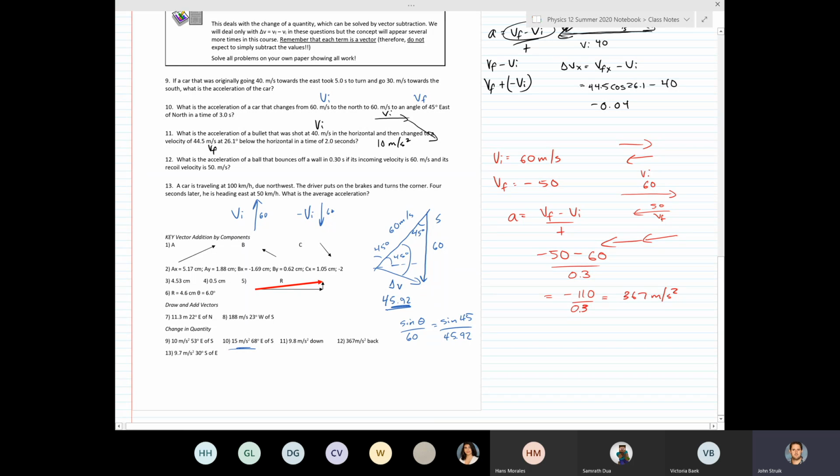So 60 sine 45 divided by 45.92, second sine that. And you get 68 degrees. So if that's 68 degrees, but the top part's 45, then 68 minus 45 is 23. So this is 23 degrees. So then it would be 23 degrees south of east, or 22, I guess, which is the same thing as 68 degrees east of south. And that's that part.